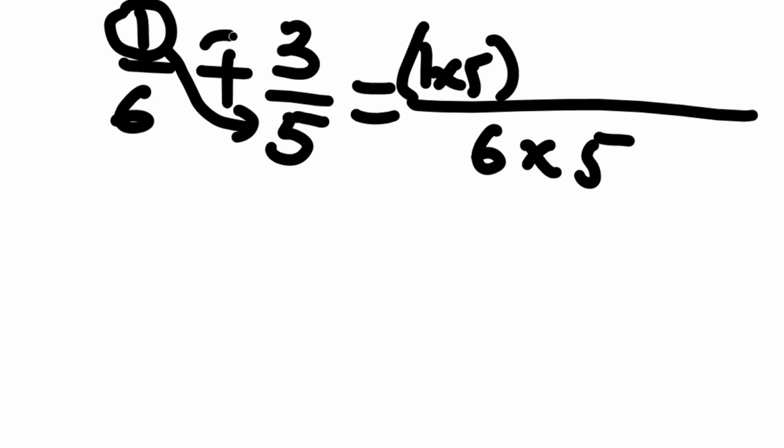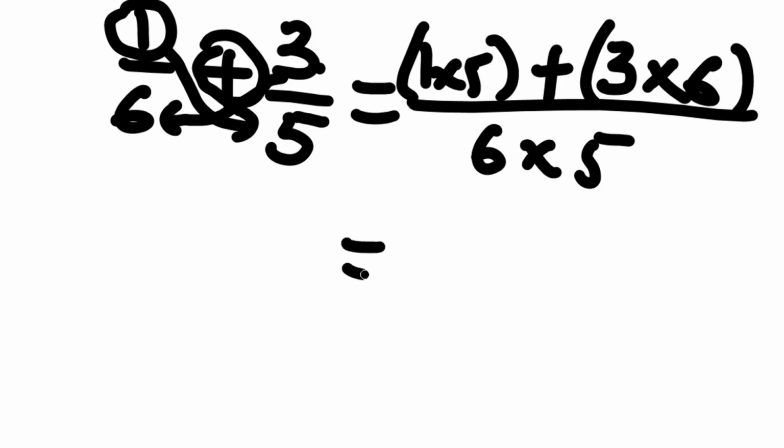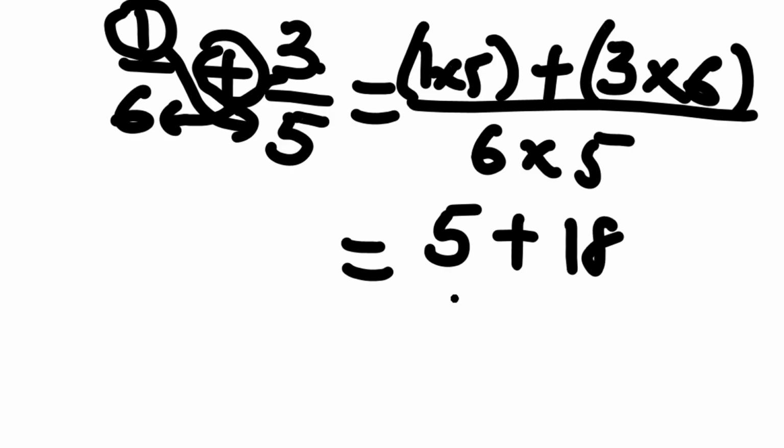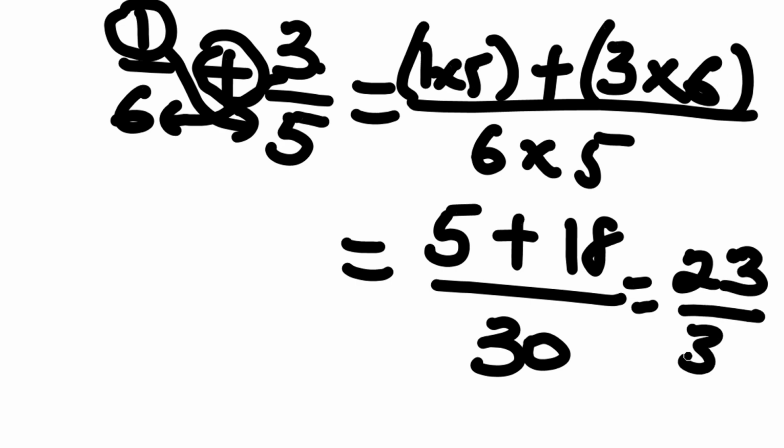The sign is a plus. Now 3 will multiply the denominator of the other one, so it becomes 3 times 6. That's all you do. Then you have 1 times 5 is 5, plus 3 times 6 is 18, all over 6 times 5 is 30. Then you do this addition to have 23 over 30. So this is the addition of these two.